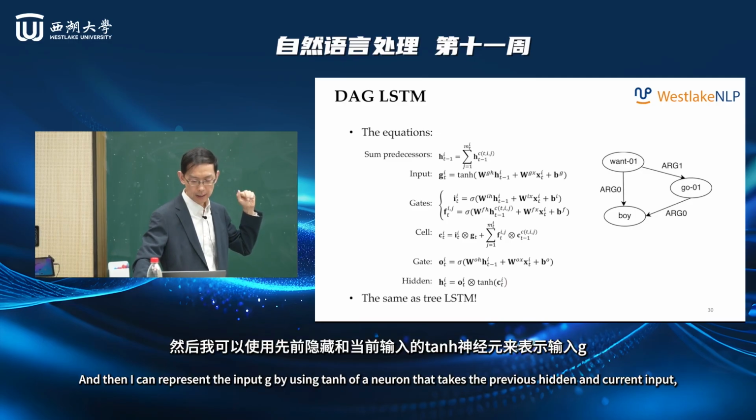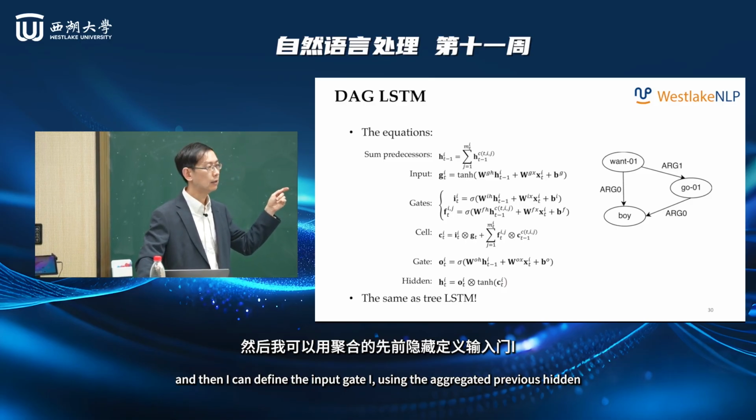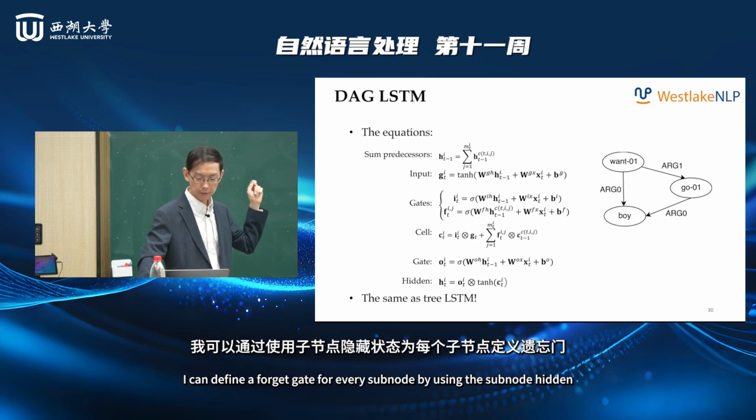Okay? And then I can represent the input G by using tanh of a neuron that takes the previous hidden and the current input. And then I can define the input gate I using the aggregated previous hidden, and I can define a forget gate for every subnode by using the subnode hidden.